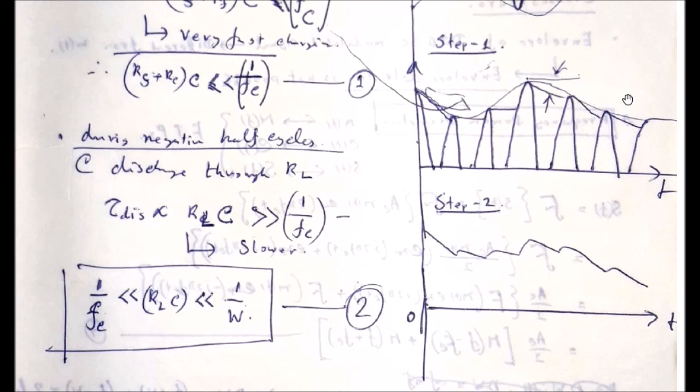Or maybe like that, it cannot follow like this. That's why the discharging time should be lower than the time period of the message signal, but it should be higher than the time period of the carrier signal.